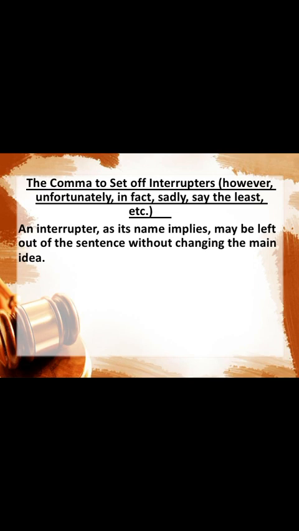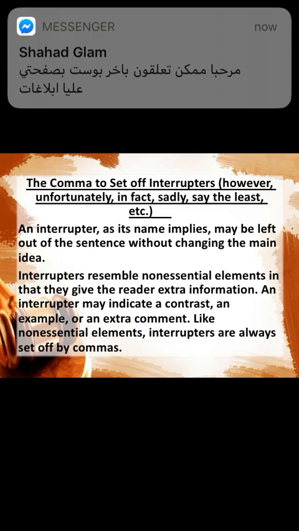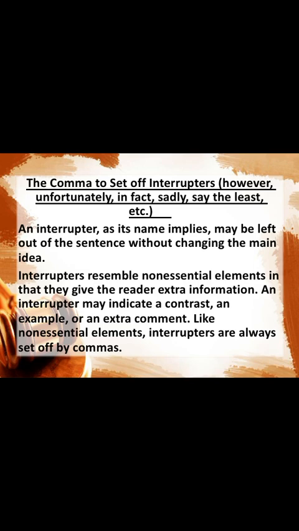An interrupter, as its name implies, may be left out of the sentence without changing the main idea, so we can delete it. Interrupters resemble non-essential elements in that they give the reader extra information. An interrupter may indicate a contrast, an example, or an extra comment. Like non-essential elements, interrupters are always set off by commas.